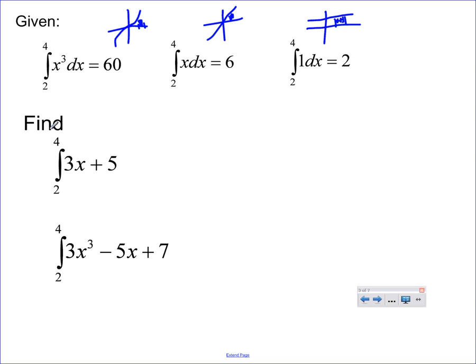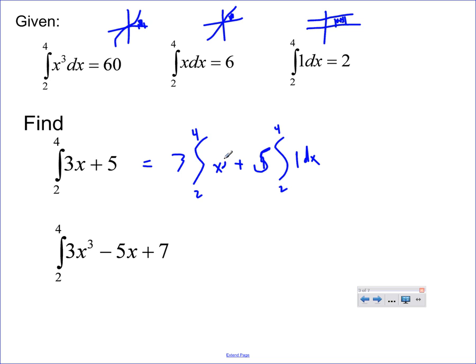All right. So we want to use that information to figure out what's the area under the curve of 3x plus 5. So if we do this, we're going to say that this is 3 times the definite integral of x plus 5 times the definite integral of 1.